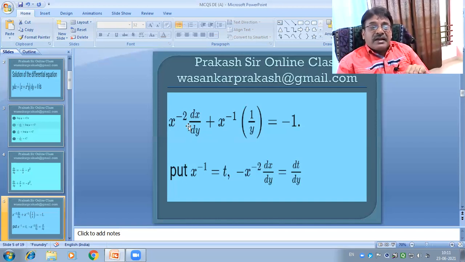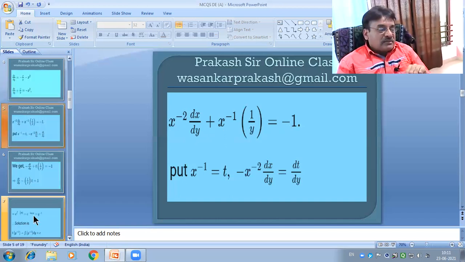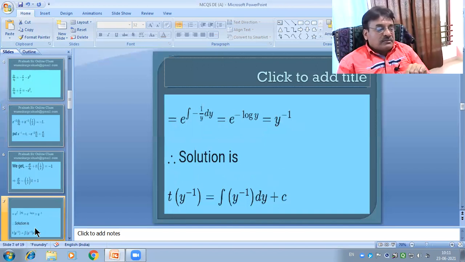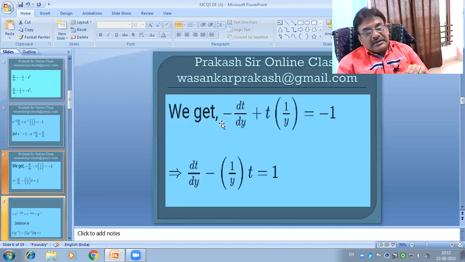Then we get minus dt by dy plus t into 1 by y, which is equal to minus 1.